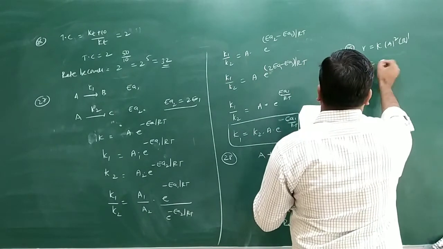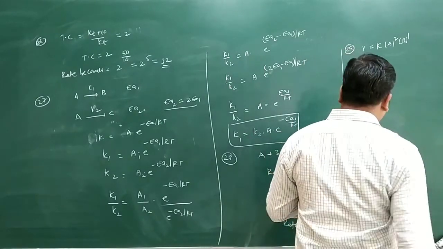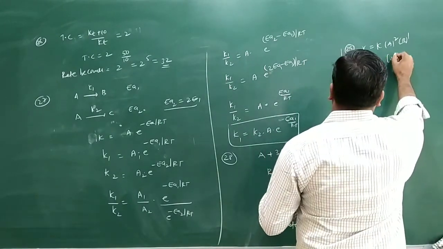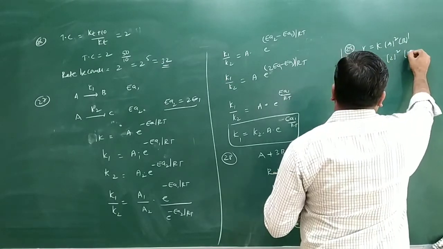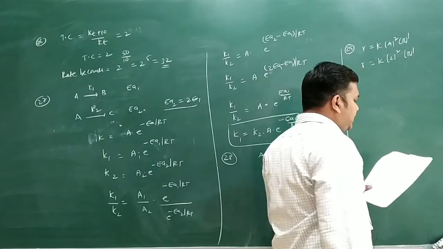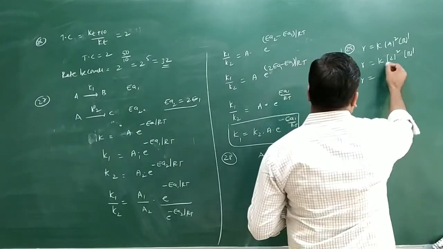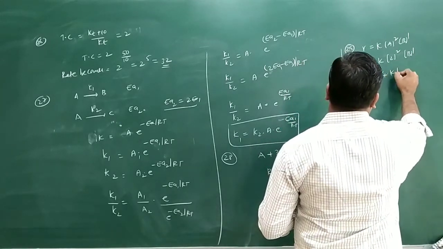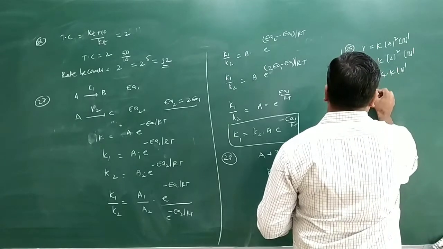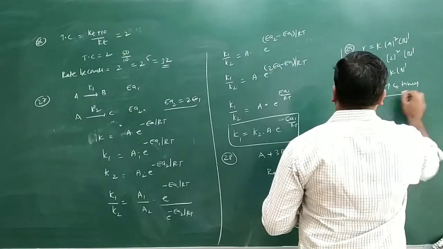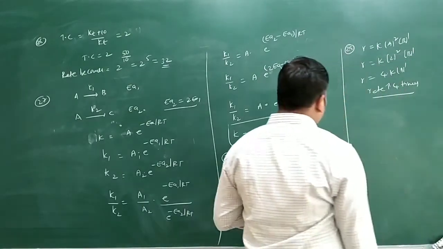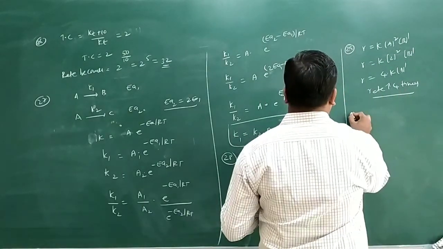So rate R is equal to K into concentration of A becoming double, this means 2 square, and B remains same, so B is a constant. So rate is equal to 2 square, that is 4, into K into concentration of B whole power 1. Rate increases by 4 times. So your answer is option 3 for this question.